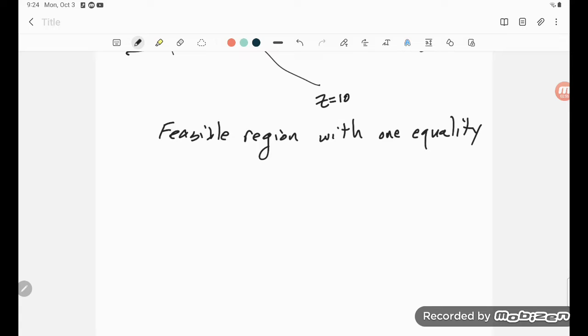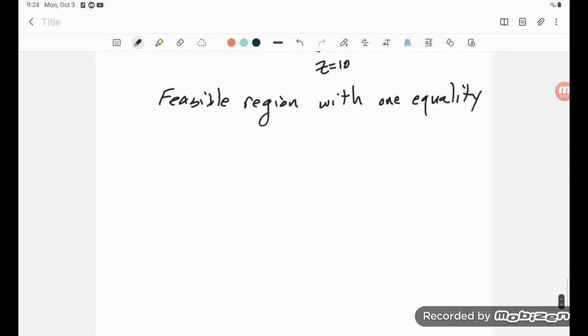And remember that, we fixed the number of counselors at 15. And so in that case, because of that equality, it becomes just a line, not a shaded region.